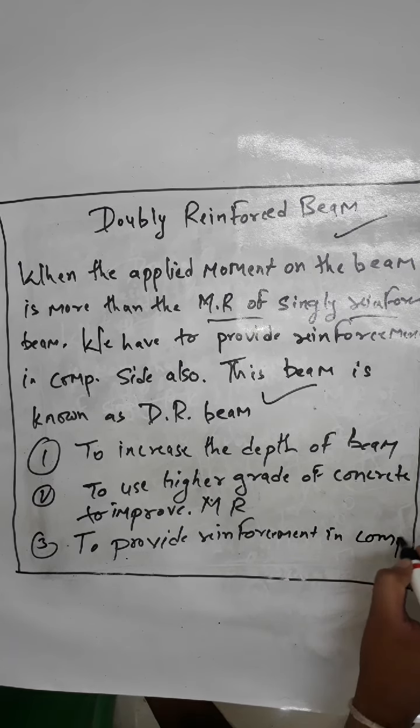So it is not necessary to increase the grade of concrete also. So you have one option remaining, that is to provide reinforcement in the compression zone to increase the moment of resistance. So these are the options for increasing the moment of resistance.